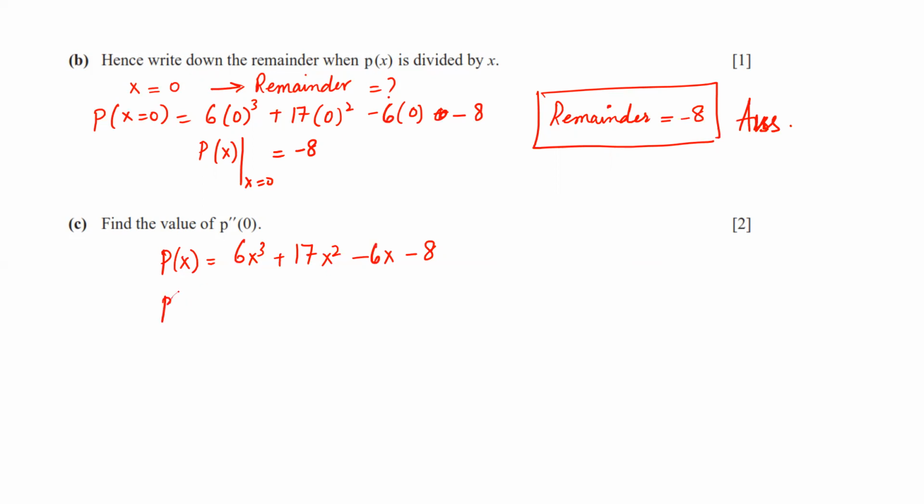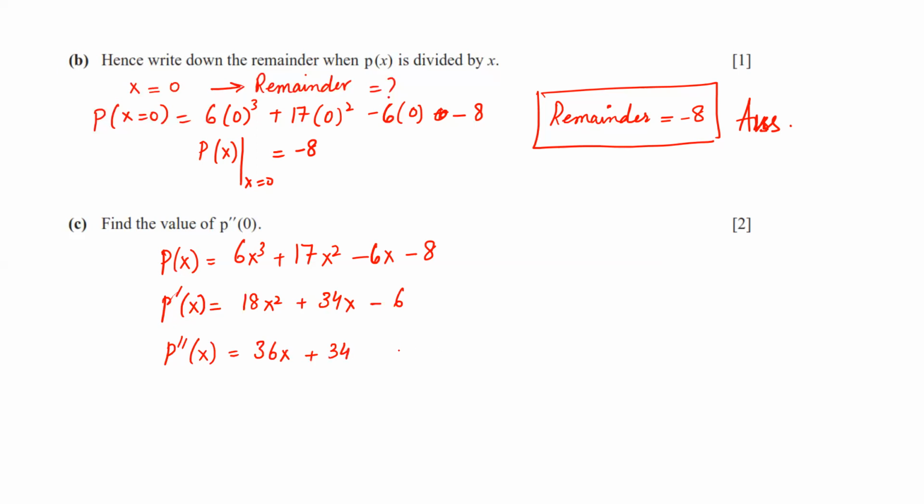First of all, take the first derivative of x. It becomes 3 into 6, 18x square plus 34x minus 8. Okay, so this is my first derivative. Then the second derivative of p becomes 18 into 2, 36x plus 34.